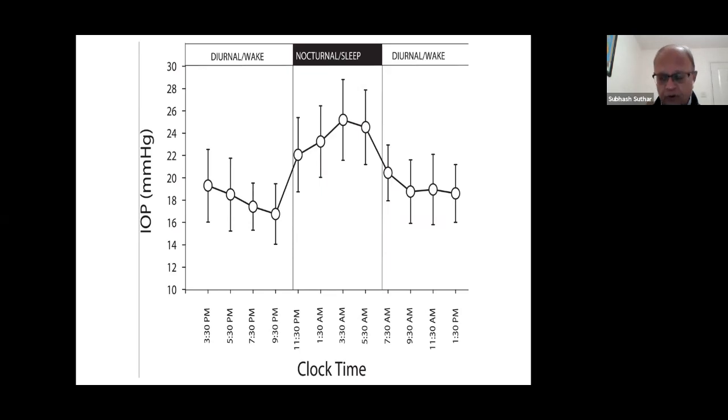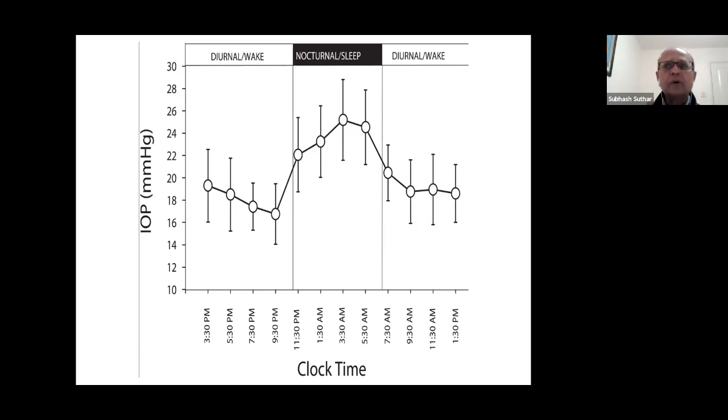Why I want to show this slide is that there is a prostaglandin drug, the first line of treatment prescribed to lower the eye pressure because it improves the outflow. And this drop has to be taken between 9:30 and 10.